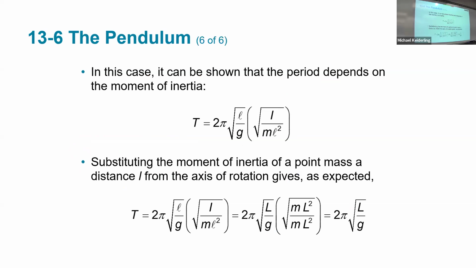So with a bit of calculation, the period depends on the moment of inertia. It's the square root of moment of inertia over mass times length squared. That's the sort of modifier. But for a mass on a string, moment of inertia is mass times length squared. So they cancel, and we get back to 2 pi square root of L over g.